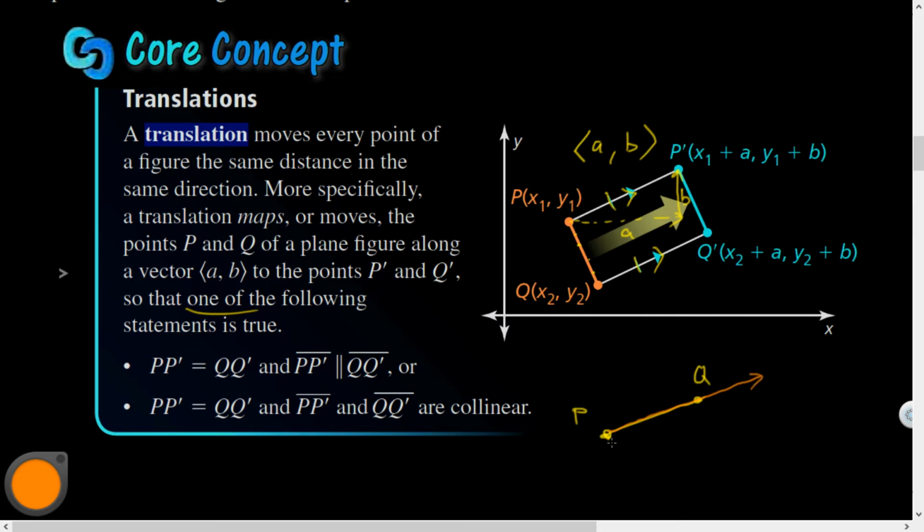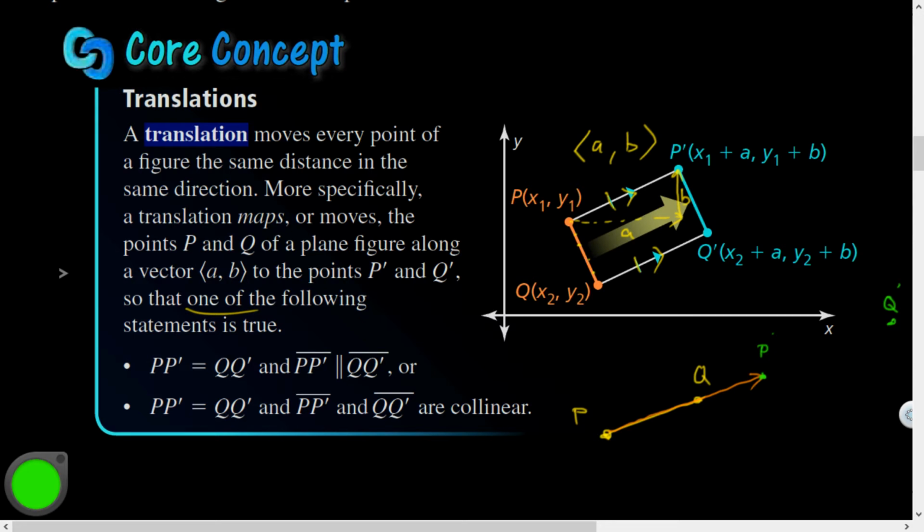So let's say this orange segment, or ray rather, is my vector. The image for P would have landed here, and Q moving that same distance would have landed over here for Q prime and P prime. So they're saying that these vectors could have been collinear rather than parallel if they happen to be on top of each other. So interesting, very specific to that distinction. You won't see that happen that often.